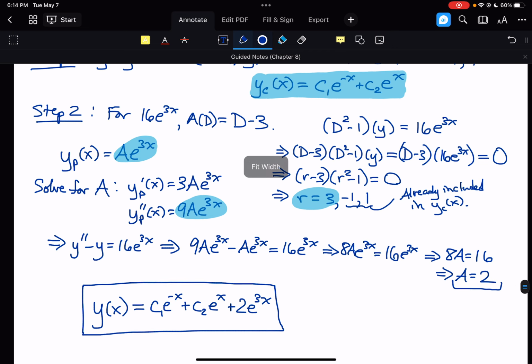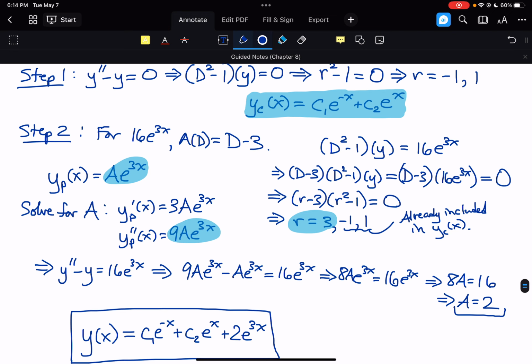And that would be the solution to that differential equation, found by, again, taking the solution to the corresponding homogeneous differential equation first, and then finding the particular solution using the annihilators and adding that to the final result.